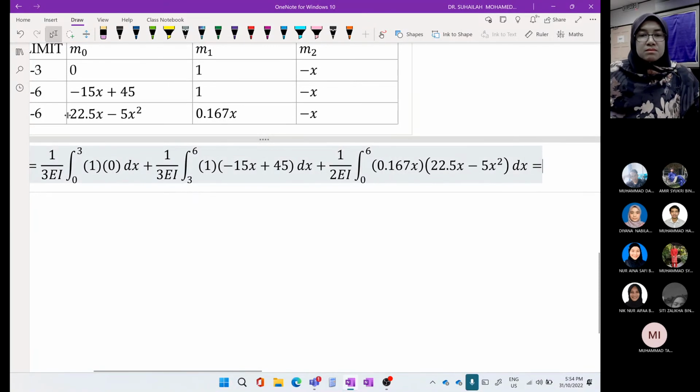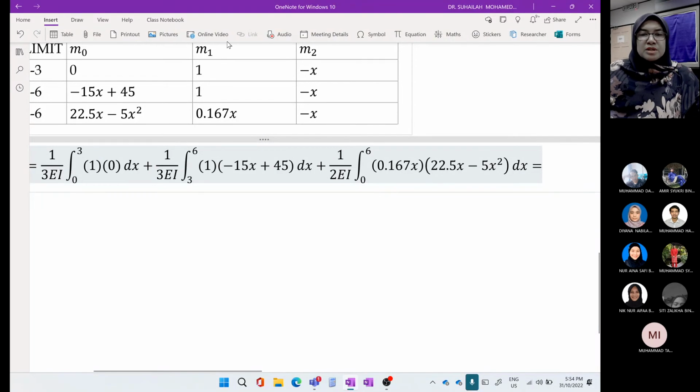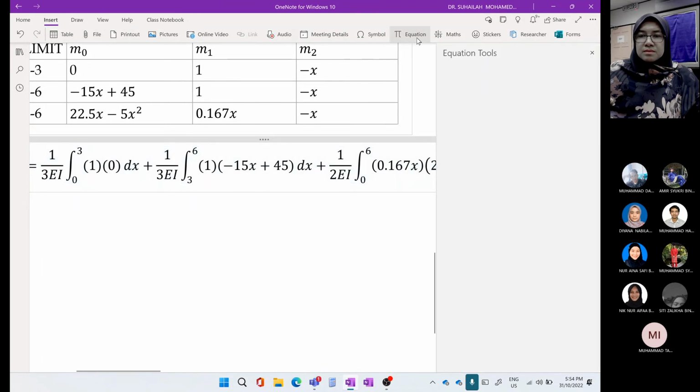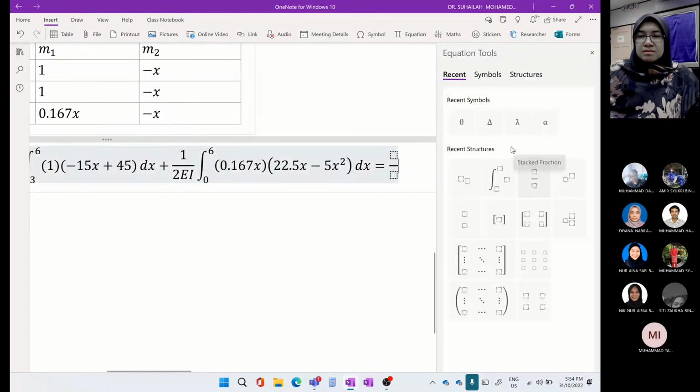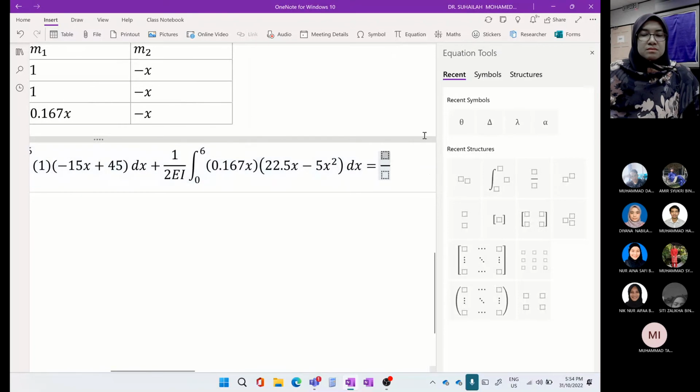Negatif. Sama tak? 3.75. Yang online, what do you get? Negatif 3 point. Betul ke? Double check, double check.